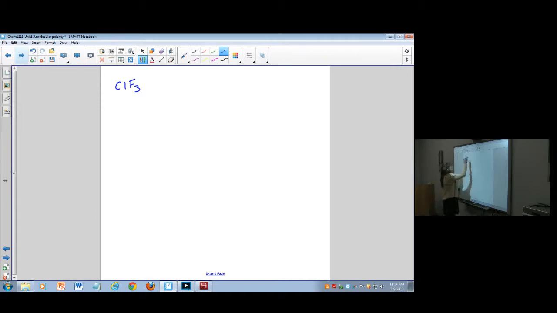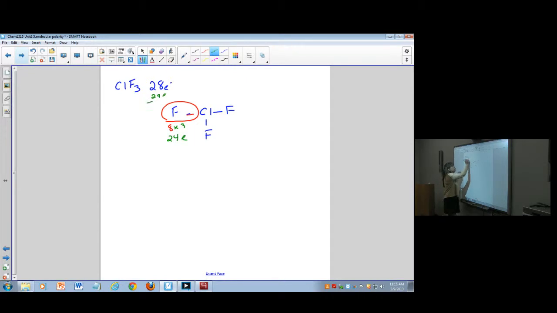So there's 28 electrons in this thing. And so I'm going to put down a Cl, an F, an F, an F. And remember my little trick, this is 8 electrons on that times 3. So I've used 24 electrons so far.